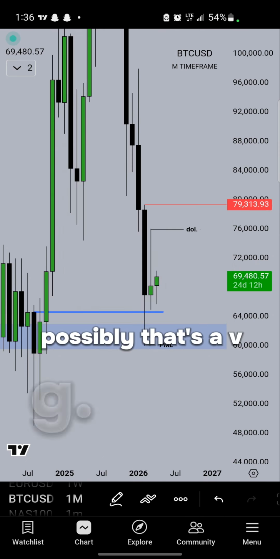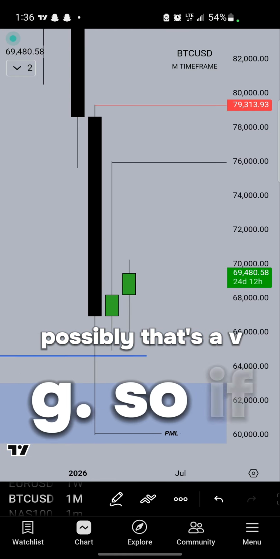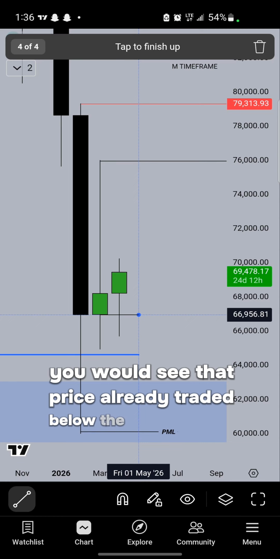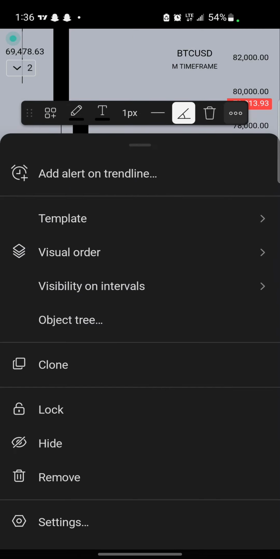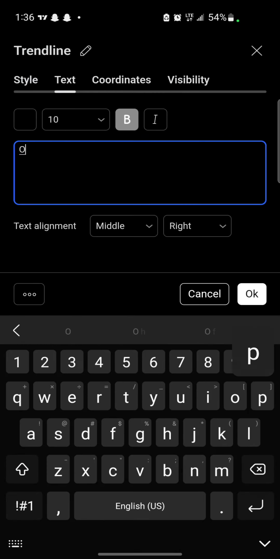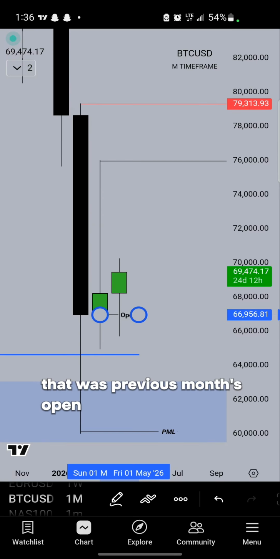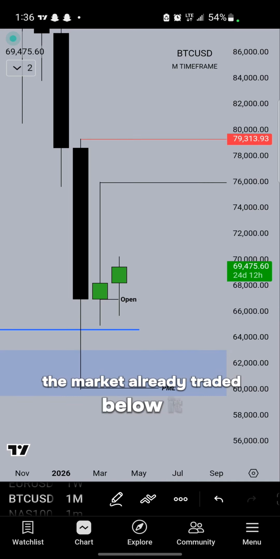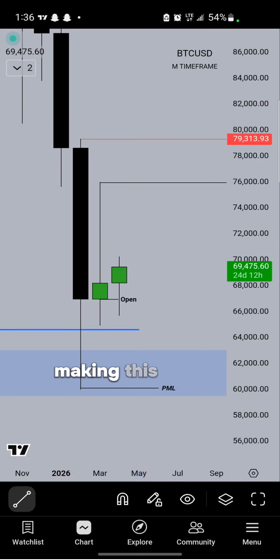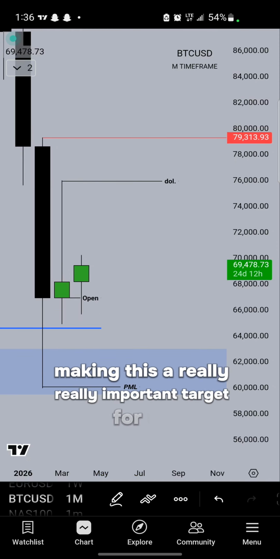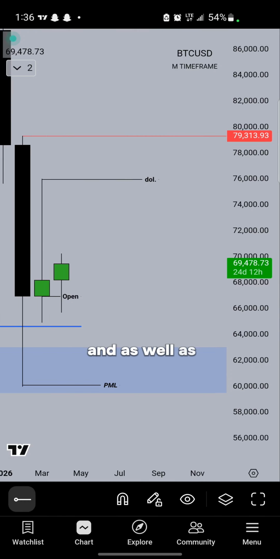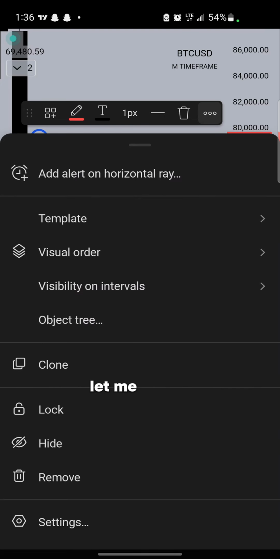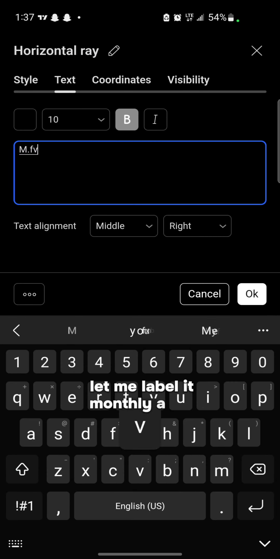If we observe carefully, price already traded below the monthly open, the previous month's opening price, making this a really important target for us, as well as this FVG, which is this red line. Let me label it monthly FVG.